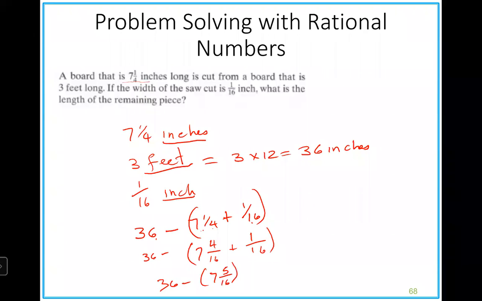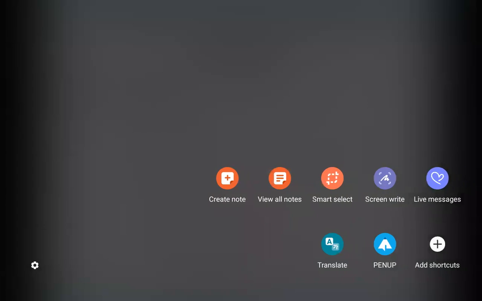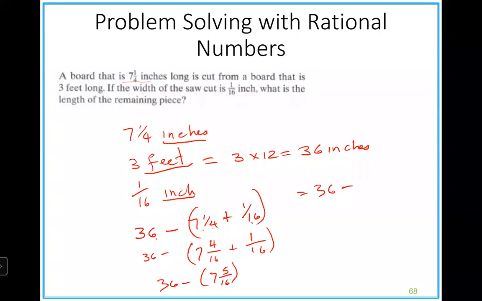Okay, so now that's going to be equal to 36 minus 7 and 5 over 16. So if you subtract 7 from 36, what are you left with? 36 minus 7. 29. 29, I heard?